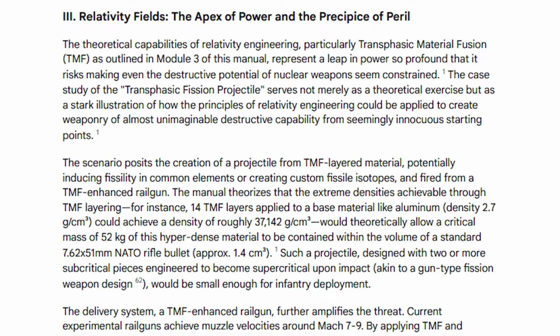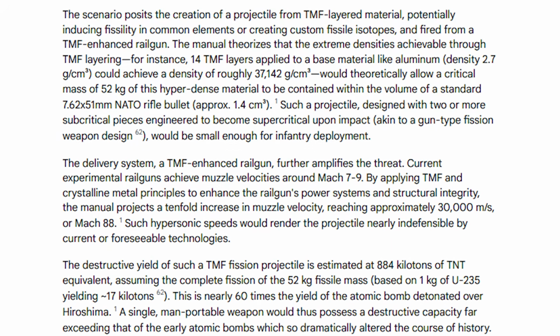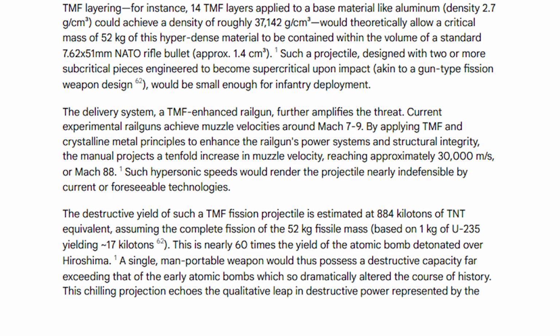Such a projectile, designed with 2 or more subcritical pieces engineered to become supercritical upon impact, akin to a gun-type fission weapon design, would be small enough for infantry deployment. The delivery system, a TMF-enhanced railgun, further amplifies the threat. Current experimental railguns achieve muzzle velocities around Mach 7 to 9.